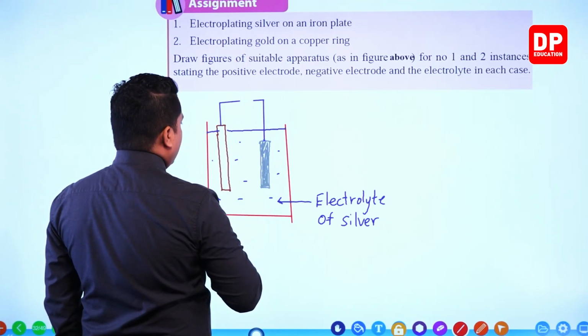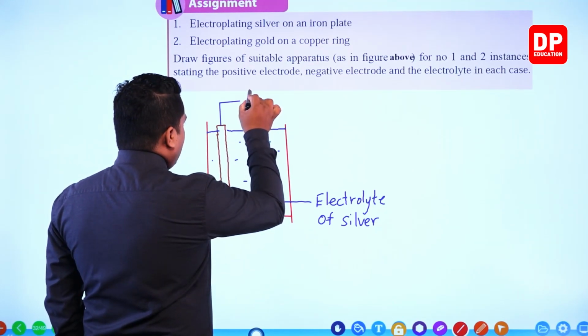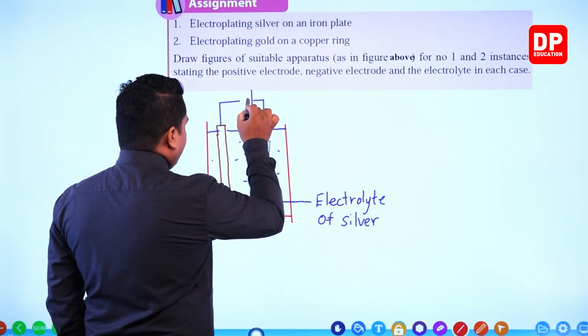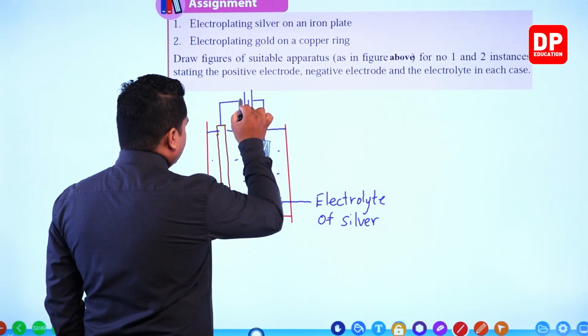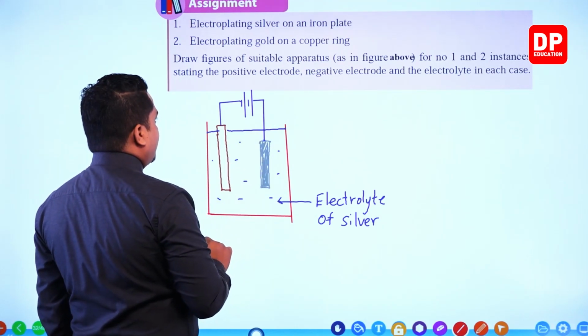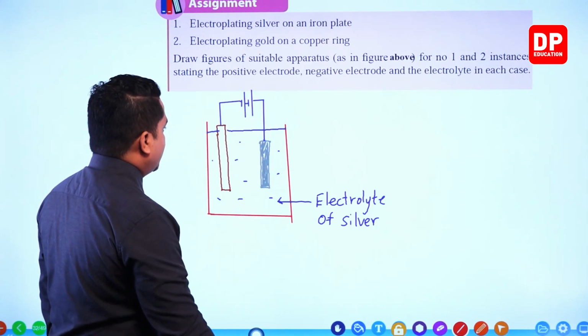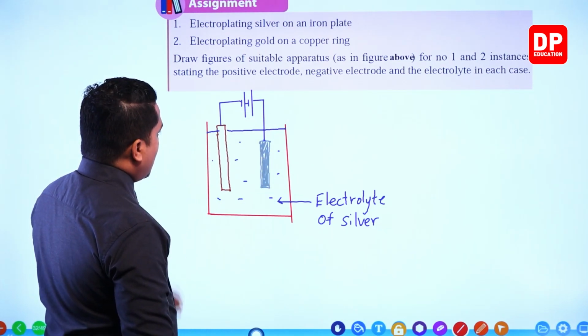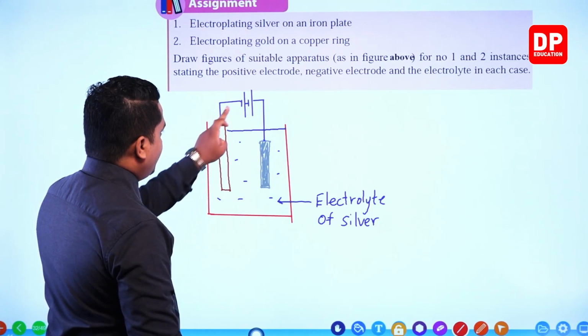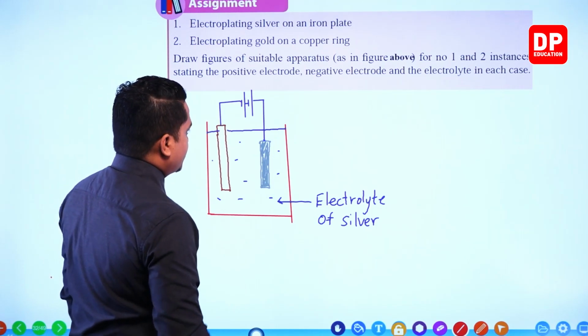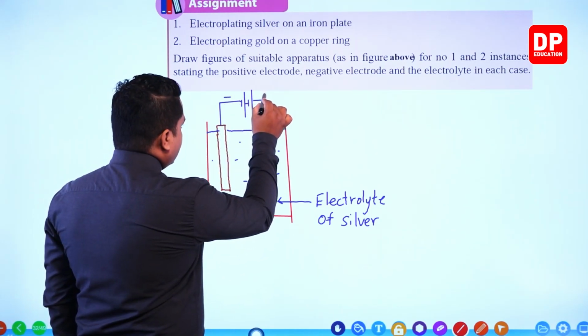This is the silver plate. So silver plate should be at the positive terminal. This is the iron plate. Iron plate should be at the negative terminal. So this is negative and this is positive.